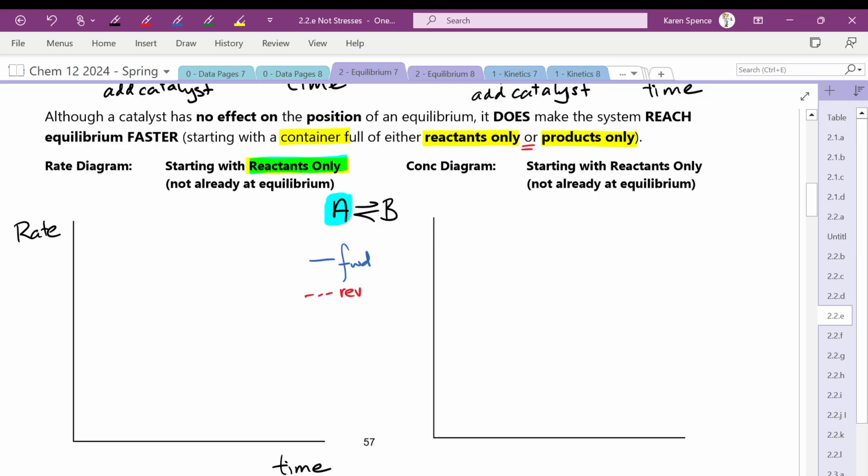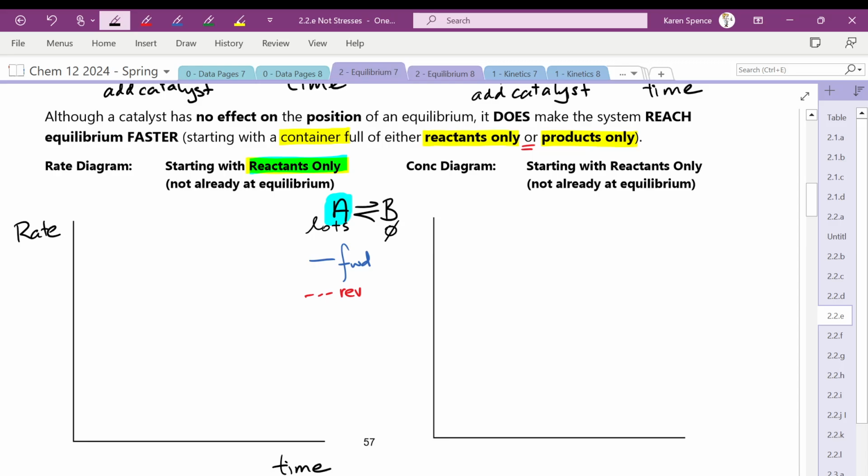You should be able to tell your partner this. We have seen this graph numerous times now. Tell your partner, what is the forward rate like at the start? What is the reverse rate like at the start? If we have reactants only, we have lots of A. How much B do we have? 0.